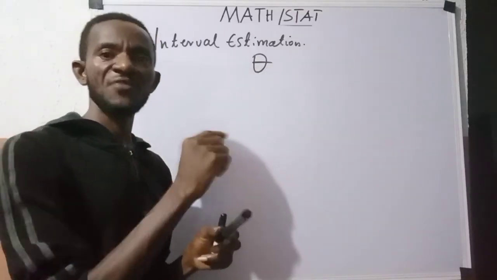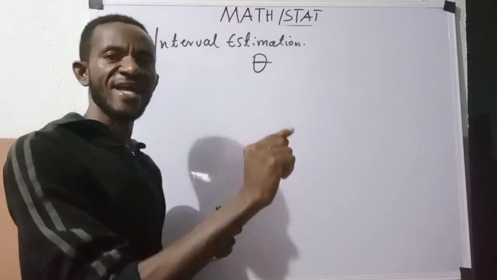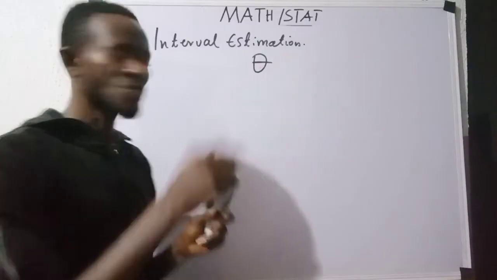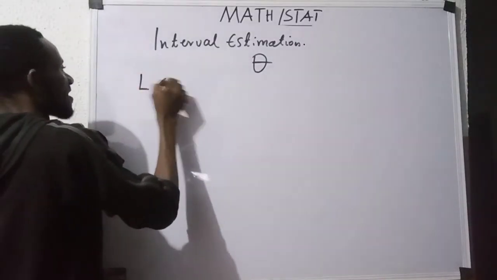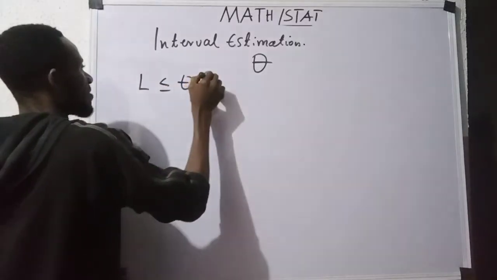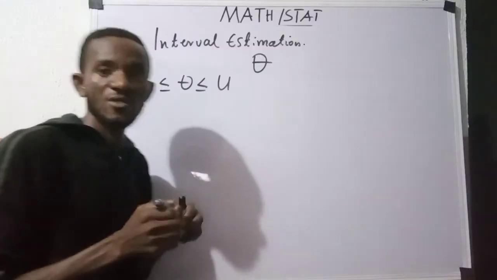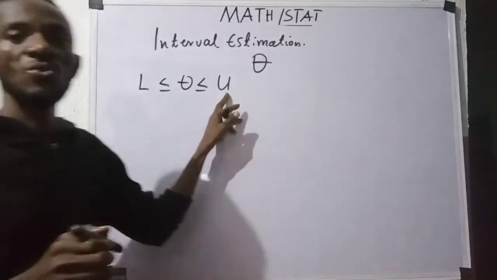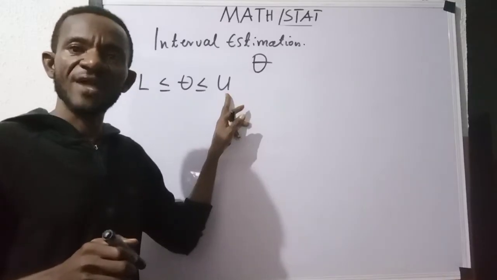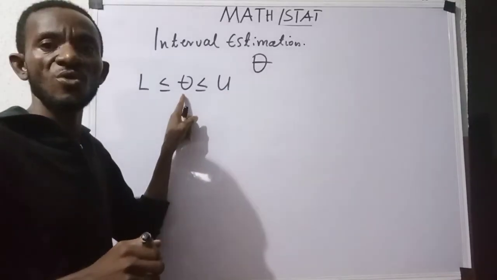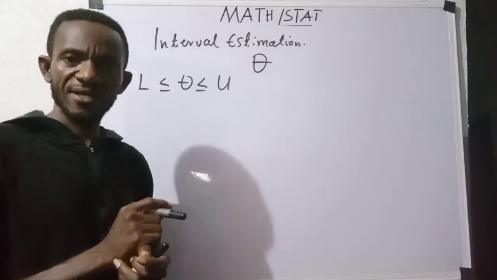We said in our previous class, let this interval be represented with L and U, where we now have L is less than or equal to theta, which is less than or equal to U. This L and U are what we are referring to as the interval of values that are going to contain this unknown population parameter theta.